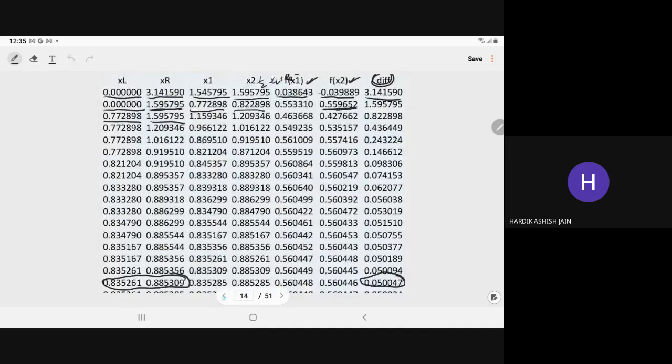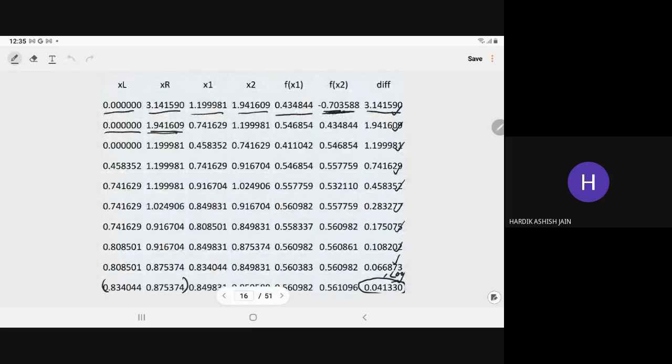But in the dichotomous method, we have performed 17 iterations, which are on the screen, and we are still not able to achieve the stopping criteria. So the golden section method is always better, it converges faster than the dichotomous method. Clear this part?